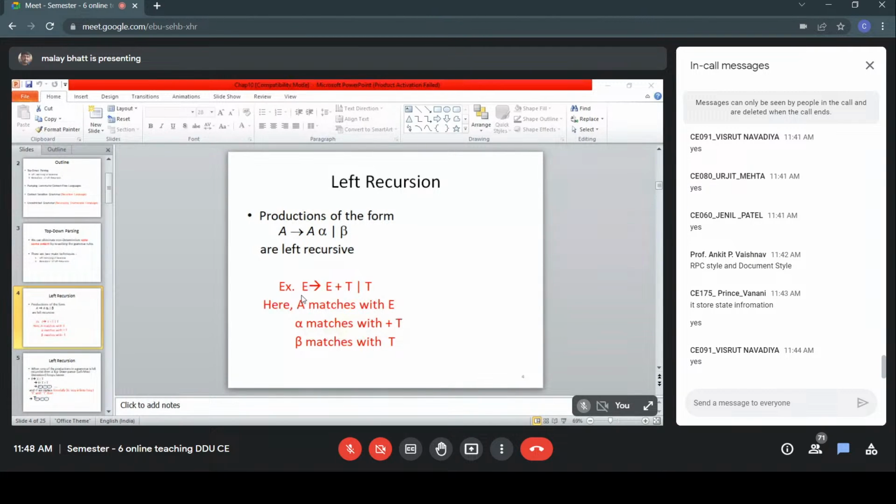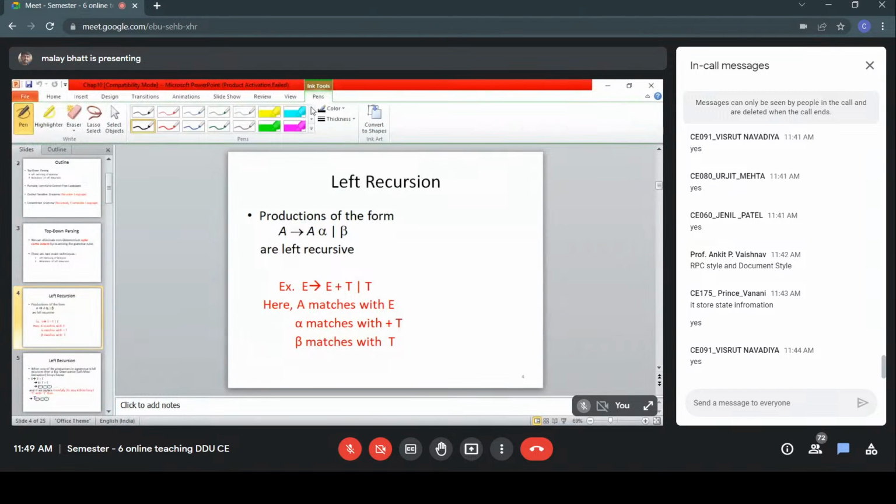Capital A produces capital A alpha or beta. So you can see that capital A, a non-terminal, is repeated, and we get the same non-terminal again here. That's why it is known as left recursive.